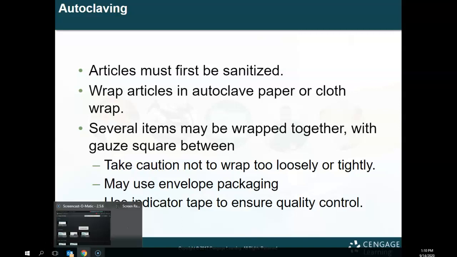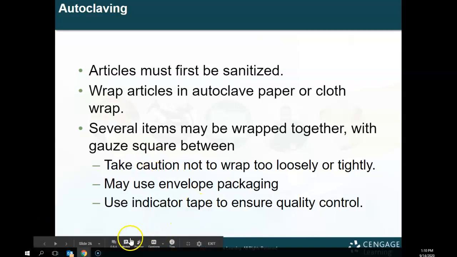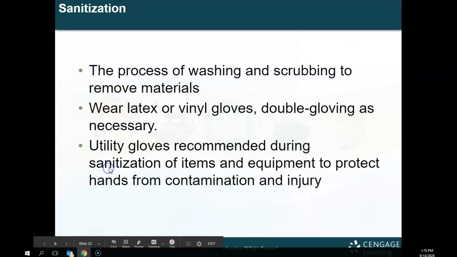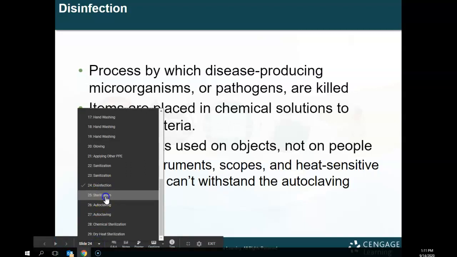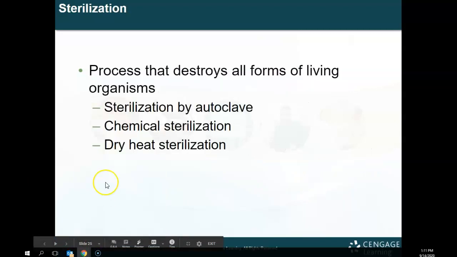What are the three things that we just covered? Sanitization is the process of washing and scrubbing to remove materials. Disinfection is the process that kills disease-producing microorganisms and pathogens. And then sterilization is the process that destroys all forms of living organisms.